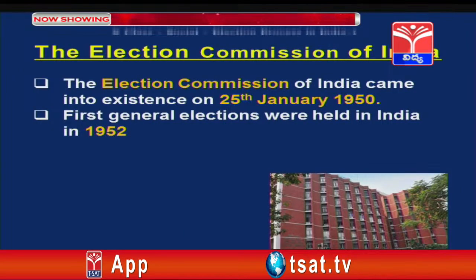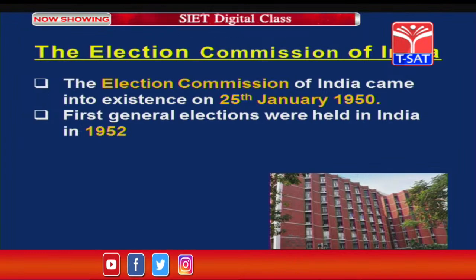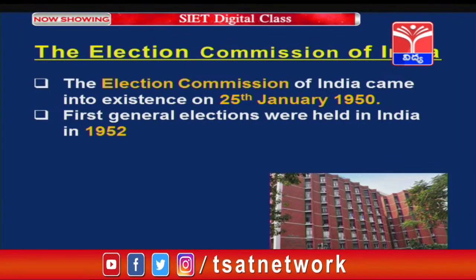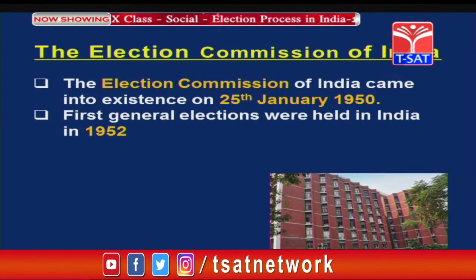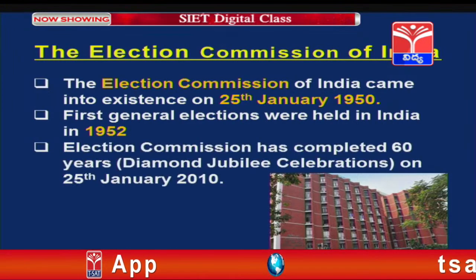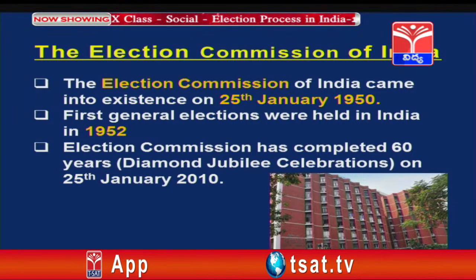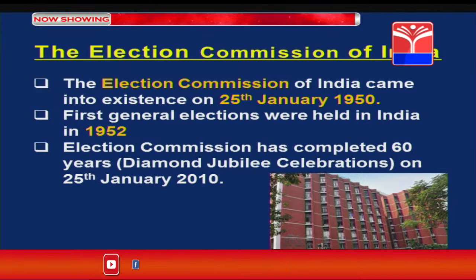And Election Commission of India came into existence on 25th January 1950. So, the first general elections were held in India in 1952. So, after its formation, in 2010, Election Commission has completed 60 years, celebrating Diamond Jubilee.